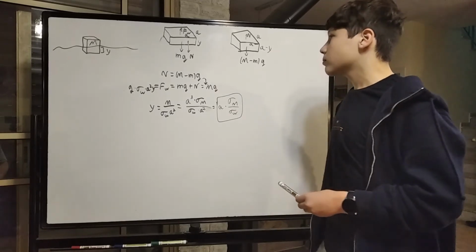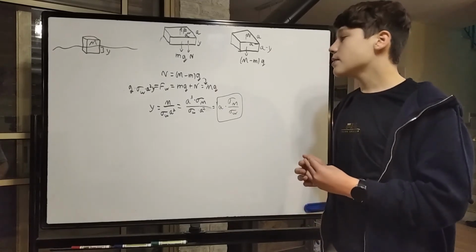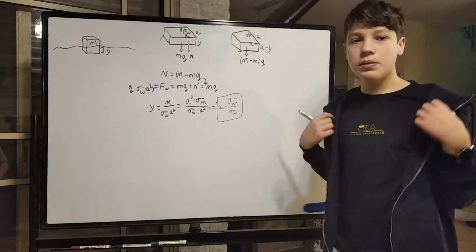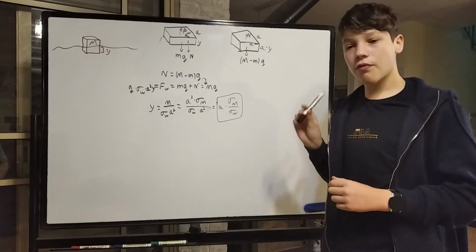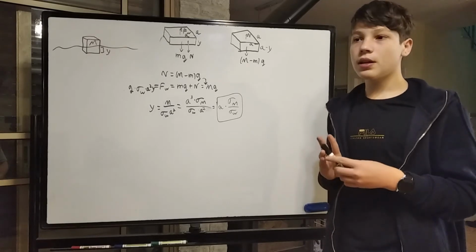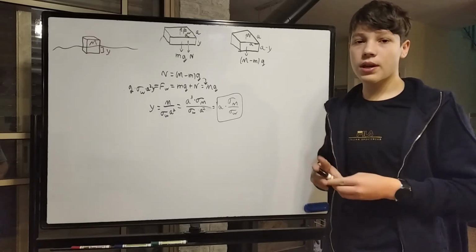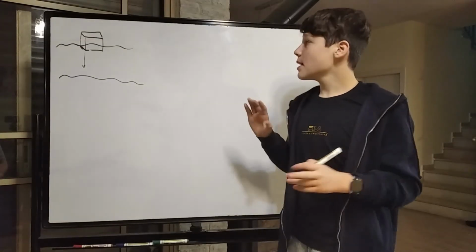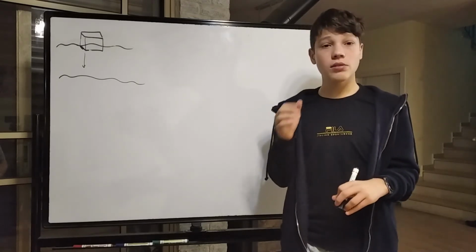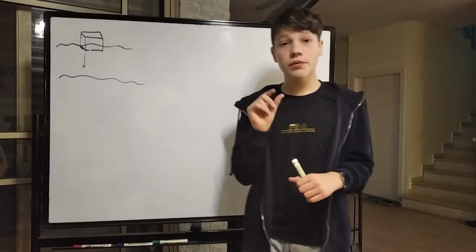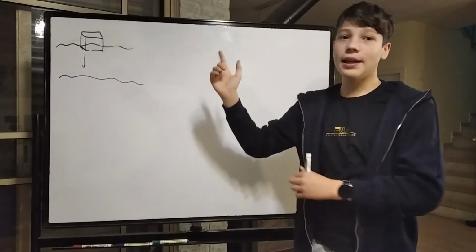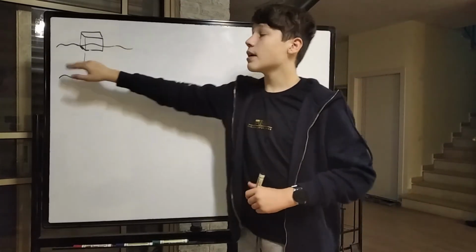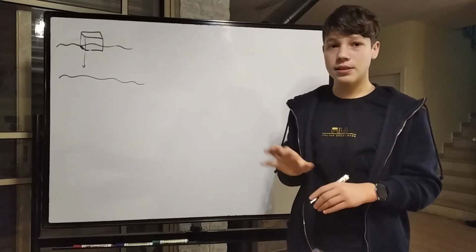So now this is our second problem related to floating, and now we have another final problem, which I think is the most interesting of the three. Let's say you have a glass of water with an ice cube floating inside it. So it's like before, it's a certain height from the water and it just sits there.